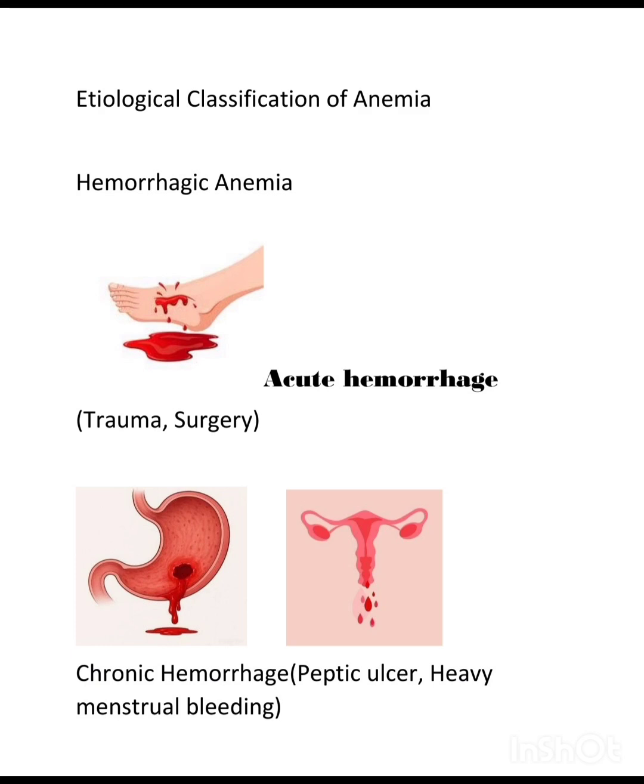Acute hemorrhage is a sudden loss of blood that occurs as a result of trauma, injury, or surgical procedure. Chronic hemorrhage is a slow, continuous loss of blood over a long period of time. This commonly occurs in conditions such as heavy menstrual bleeding and gastrointestinal diseases like peptic ulcer and inflammatory bowel disease.